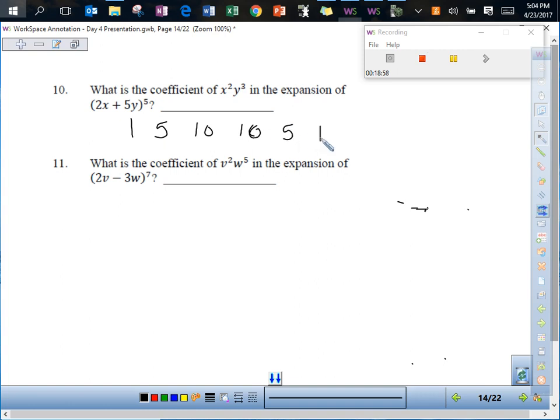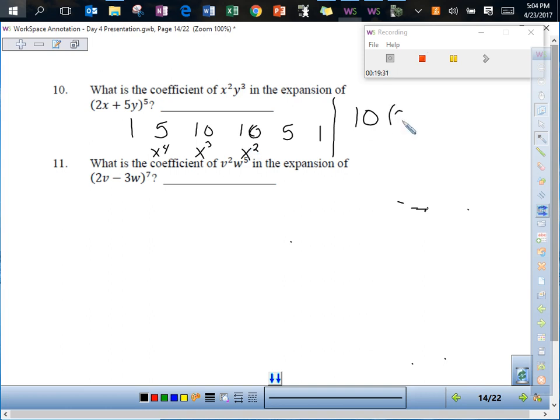Now, look at what we got going so far. This 1 represents x to the 5th. See where I got that? This represents x to the 4th. This will represent the coefficient with the x cubed. This must represent the coefficient with the x squared term. So something I know so far, there's a 10 in my coefficient. I've got that from Pascal's triangle.